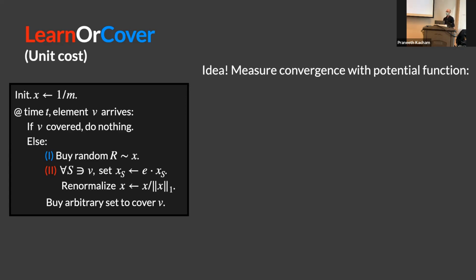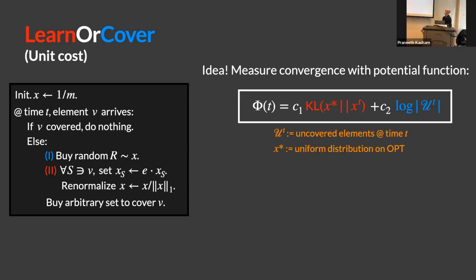Okay, so the idea is to mimic the case analysis that we did before, but with a potential function that smooths it out. So it's no longer going to be a case analysis. We'll just write this potential, and then we'll use typical potential function type arguments. The potential, which I'm calling phi at time t, is the following. It's a weighted sum of two terms, a red term and a blue term.